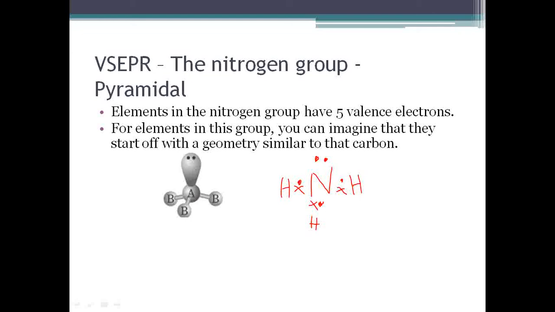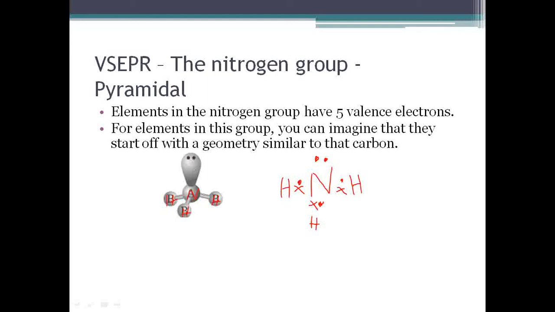So when you look over here, this A here then's nitrogen in the middle, this B is a hydrogen, this B is a hydrogen, this B is a hydrogen, and here's my 2 electrons sitting here, my non-bonding electron pair. Now, can you see that the shape of this thing is still a tetrahedron, just like carbon, but it's got this weird electron non-bonding pair sticking up here.